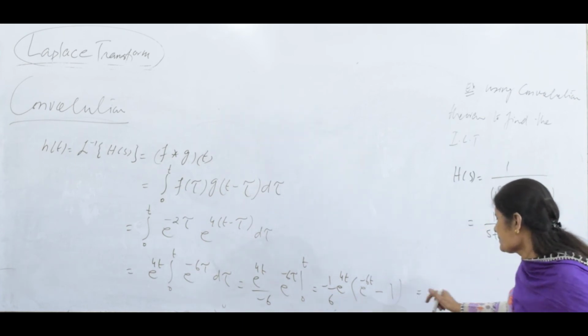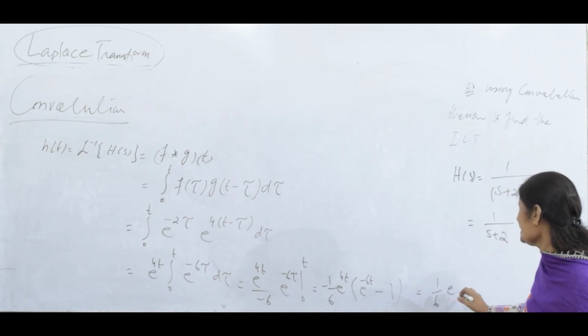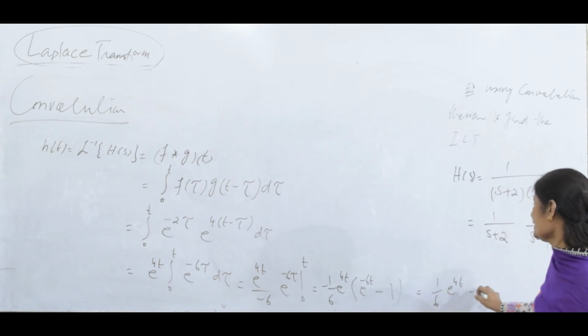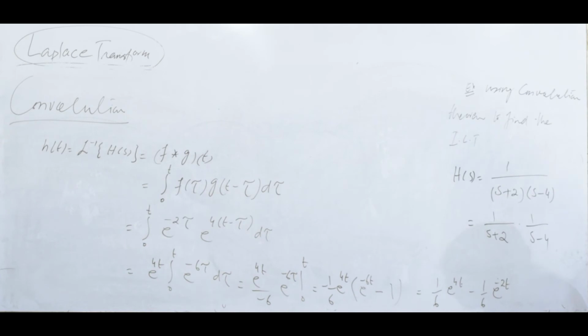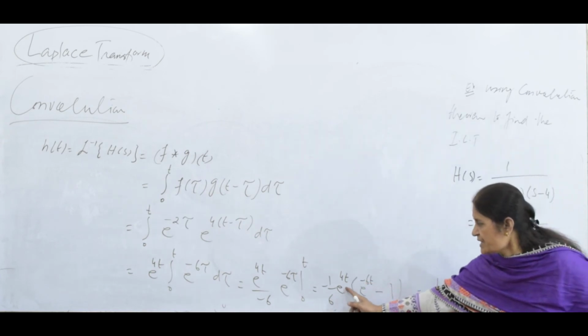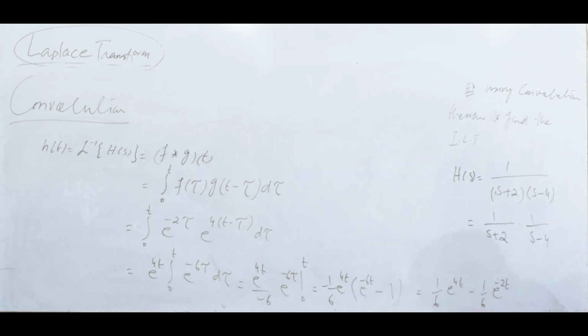Minus 1 by 6 is multiplied with minus 1. This is 1 by 6, e to the 4t, then minus 1 by 6, e to the minus 2t. I multiply minus 1 by 6, e to the 4t in the parentheses. So I'll get this. And this is 1 over 6, e to the 4t.